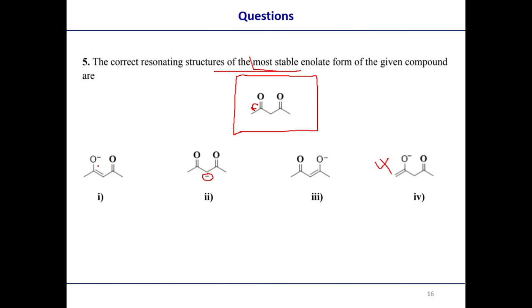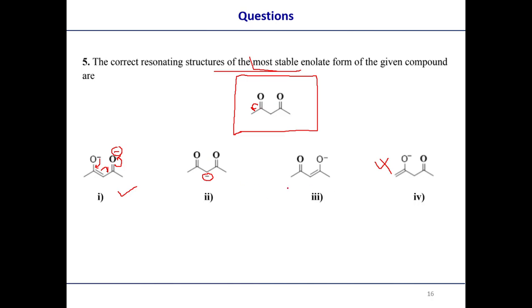This can go here, and this double bond will move here, this will move here, and this will move here. So this is the correct delocalization of pi bond. So this is the most stable resonating structure of this molecule.